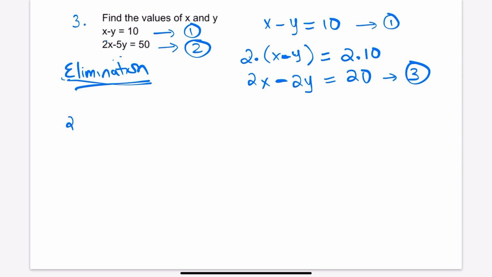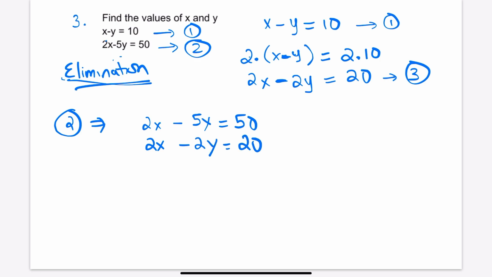Equation 2 is 2x minus 5y is 50. And equation 3, which is a modified version of equation 1, has it as 2x minus 2y is 20. Excuse me for a second, let me write this y so it doesn't look like x. 2x minus 5y.